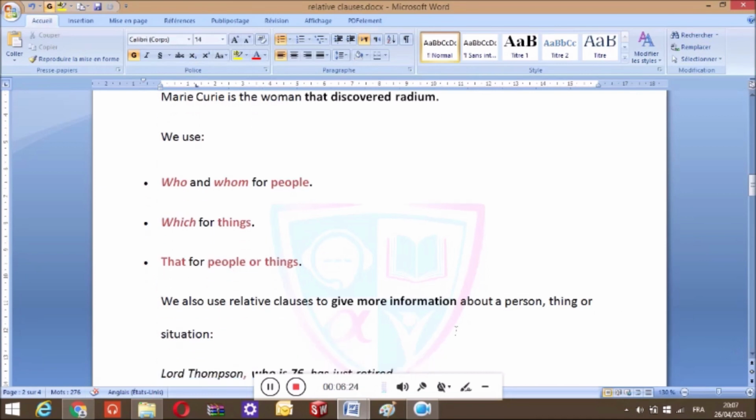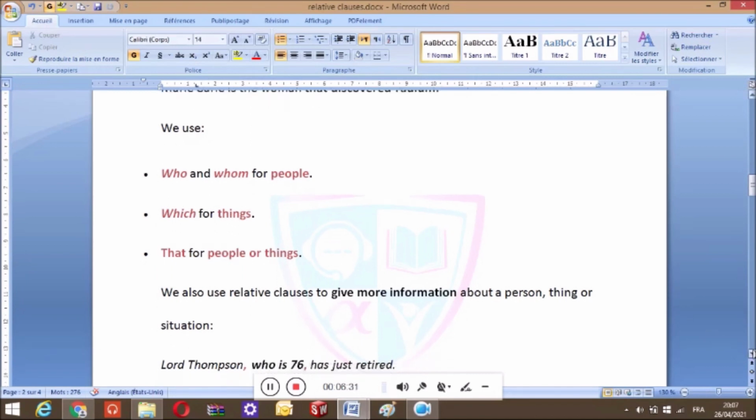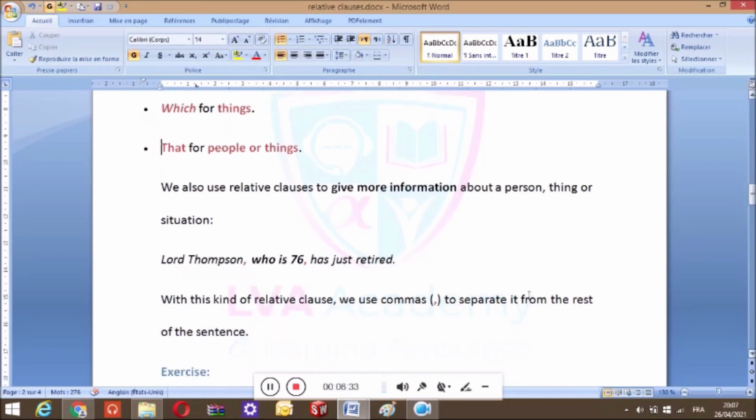We also use relative clauses to give more information about a person, thing, or situation. Look at the following example. Lord Thompson, who is 76, has just retired.